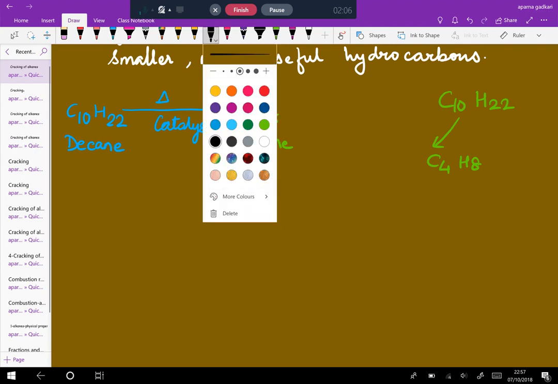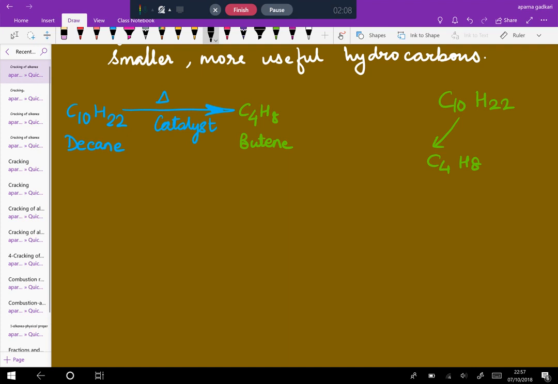So what will be my next product after I get my butene? To find the next product, we'll do simple algebra. From C10H22, we shall subtract C4H8, and that will leave us with C6H14. So the next product can be plus C6H14.